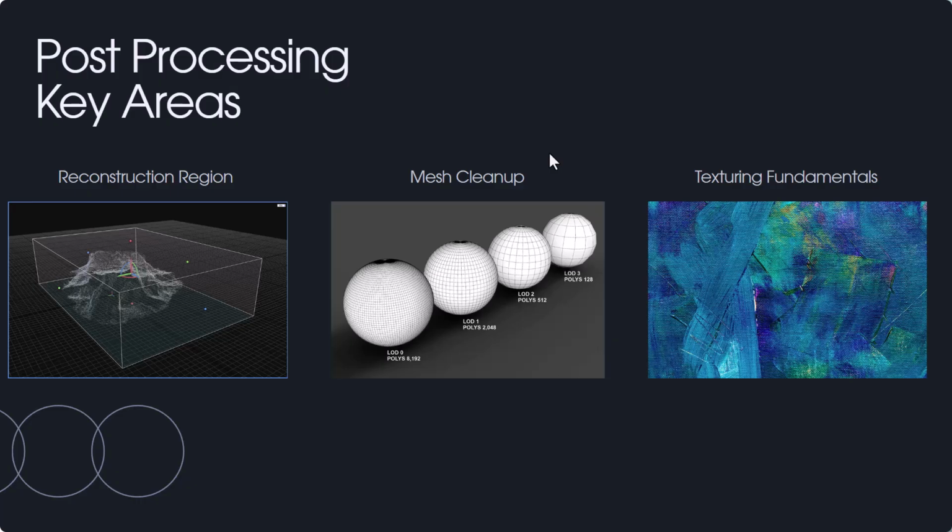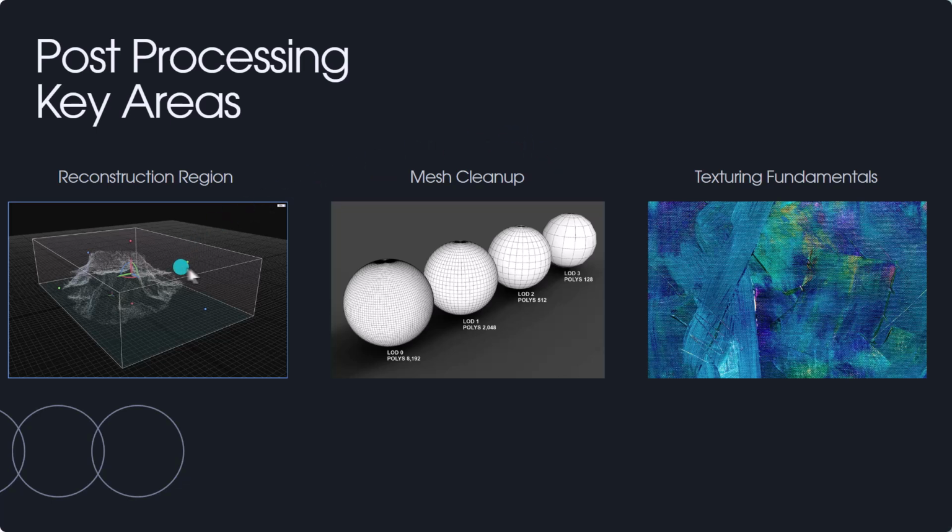But now that we've done that, I want to talk a little bit about how we start to manipulate things and actually do things. So the very first idea is the reconstruction region. The reconstruction region is amazing when, let's say you have created a preview mesh and you say, oh, I do not want to include all this other stuff.